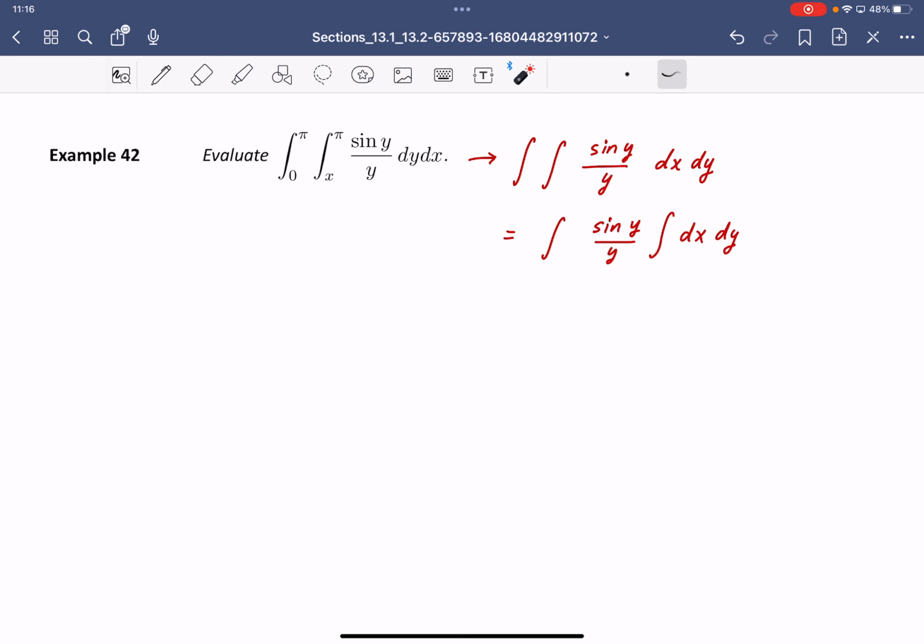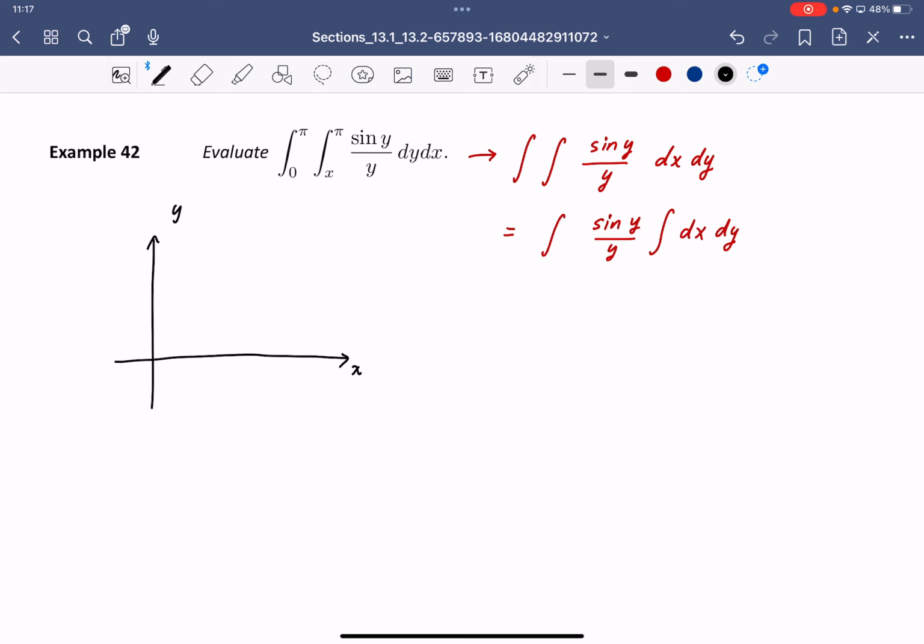So the idea is we're going to switch the order of integration anyway from dy dx to dx dy. Make sense? Now we're going to just draw the picture and switch the order. Let's see if you can switch the order now. Y starts from x to pi, and x starts from 0 to pi.